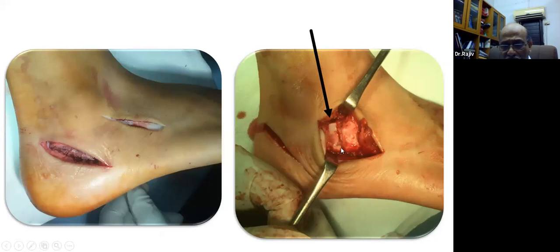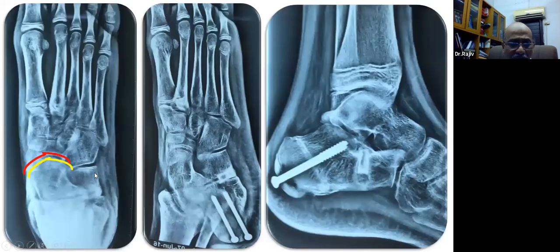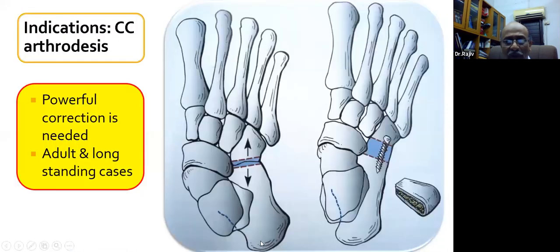I have put in an iliac crest bone graft, a wedge graft, and the foot which was abducted has come into the neutral position. The whole talar head is covered with the navicular. This is the osteotomy graft which has got consolidated. This is the medial calcaneal slide osteotomy which also has got consolidated.